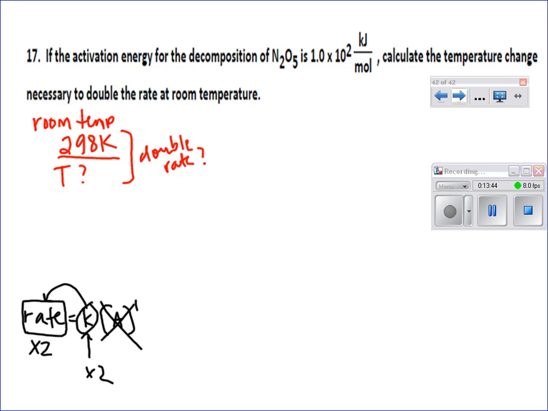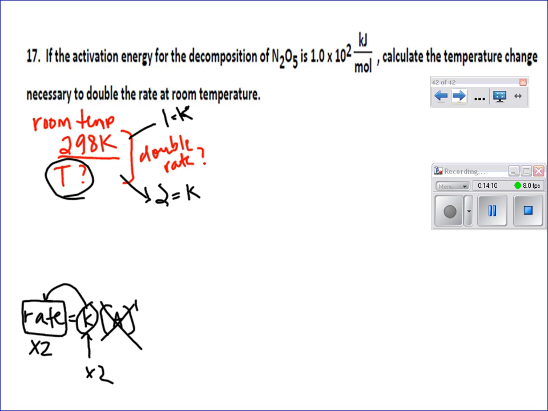Yes, it would. So what I'm going to do is just make up some K's, and I'm going to double the K. So I'm going to say, hey, at 298, my K is 1. What temperature do I need to have to double the rate? Well, what's the double of 1? 2. So I'm going to have K is equal to 1 here, and it's equal to 2 in this case, and I want to know what's the temperature change required when I double the rate.